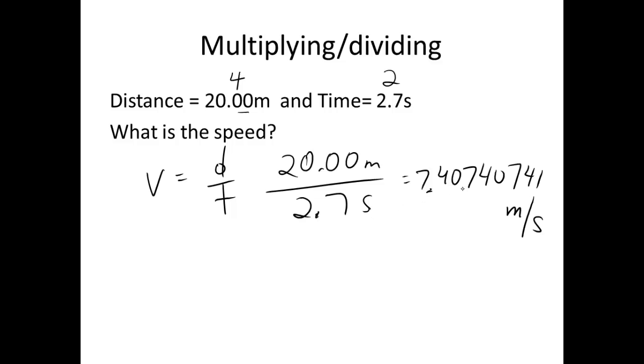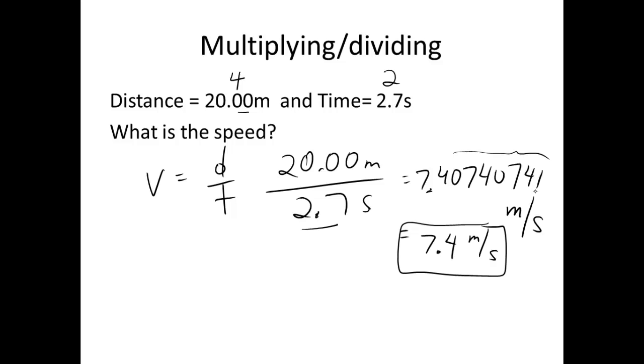We need to round it to 2 sig figs because in the question we only had 2 sig figs with a 2.7. So rounded to 2 sig figs, this becomes 7.4 meters per second. And if you just think about it logically, it makes more sense to say that than this big long number. We just cannot be that precise given the fact that one of the values in the question only went to 1/10 of a second.